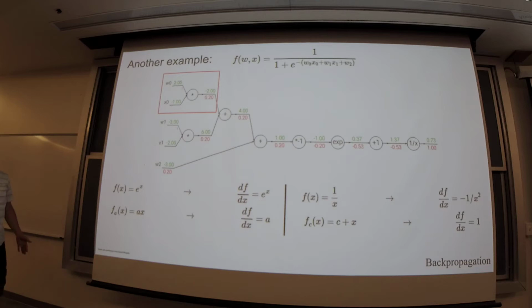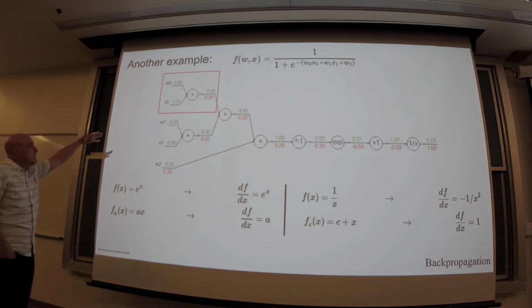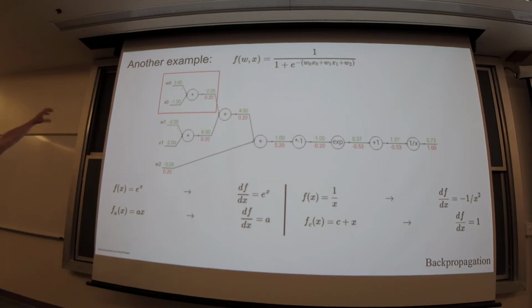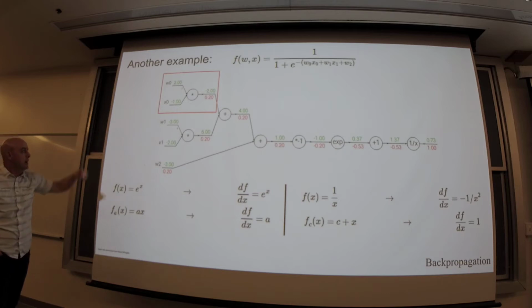Now we're back right to the input. These original input nodes. So we have a multiplication of W naught and X naught, and we know the upstream gradient is 0.2. Now we're going to propagate this gradient back to W naught and X naught.